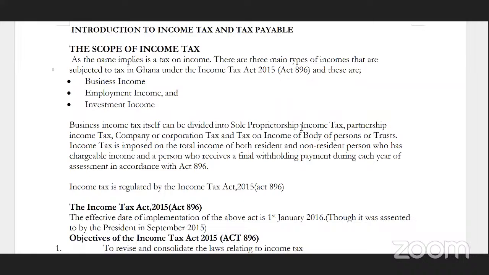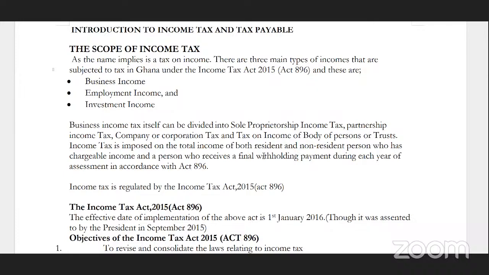When we talk about the scope of income tax, we are talking about the level of coverage. What does income tax cover? Act 896 is what we use to cover income taxes in Ghana. So if you know that Act, you can easily pass the advanced taxation exam.